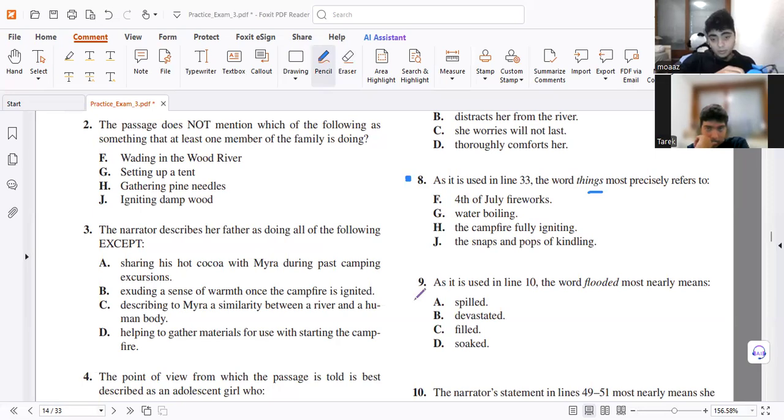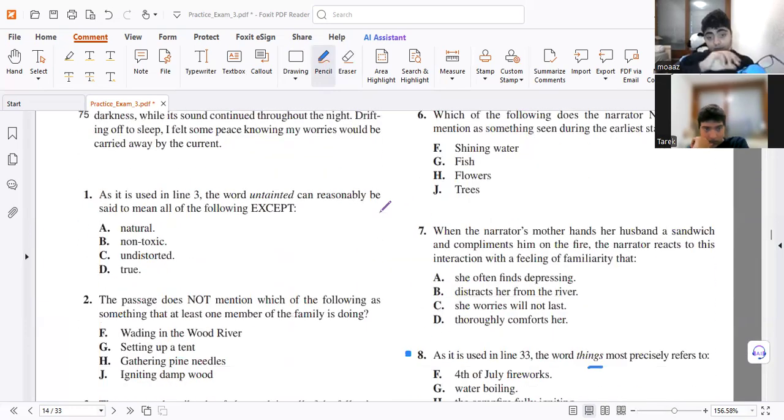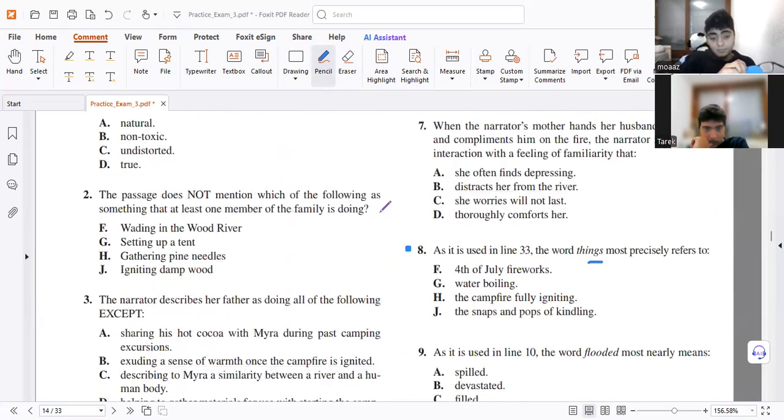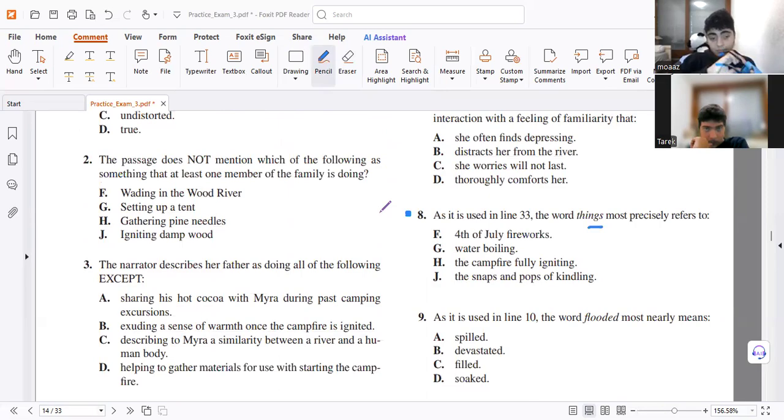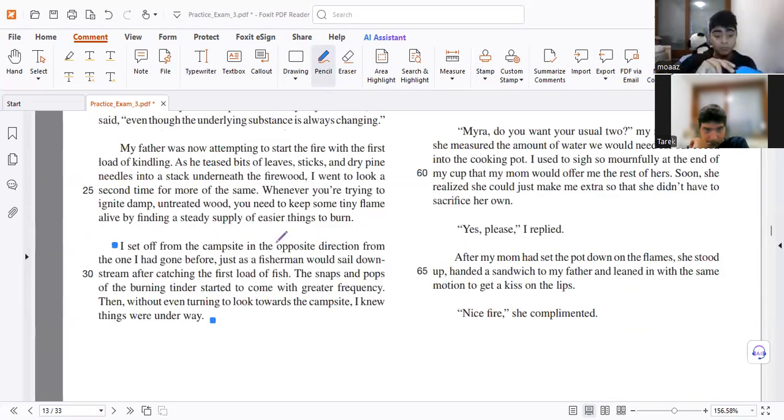Which question are we answering? Here, for numbers, question 9. Come on, let me help you by reading. This is a question that asks for reference. What does it refer to? The test maker will not choose something directly. Look for the right one. I set off from the campsite in the opposite direction from the one I had gone before, just as fishermen would sail downstream after catching the first load of fish.